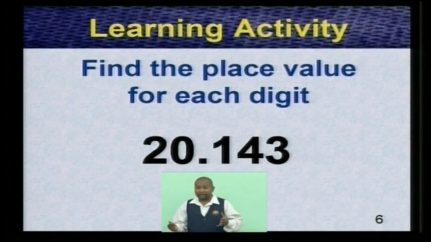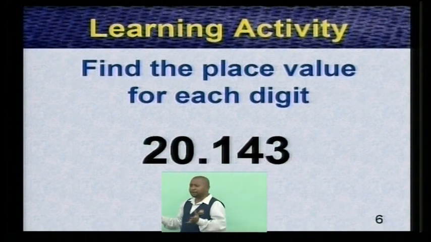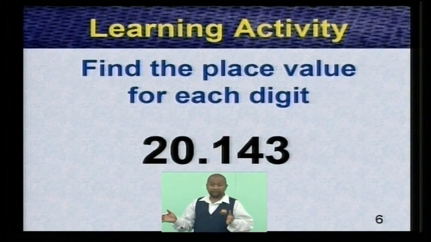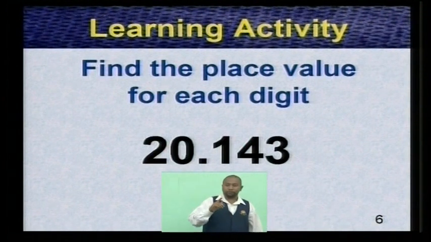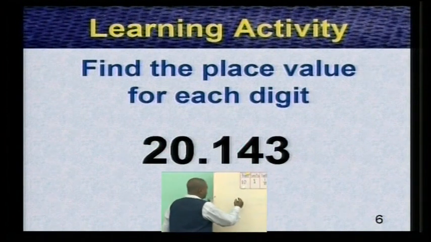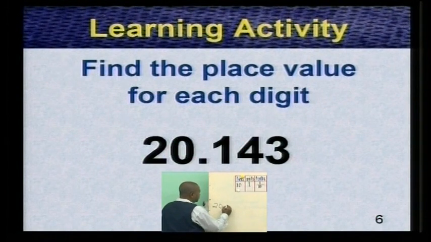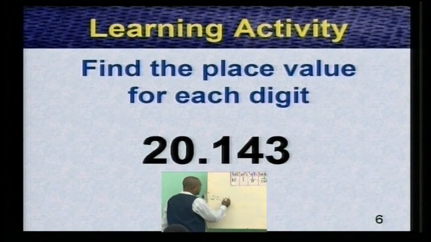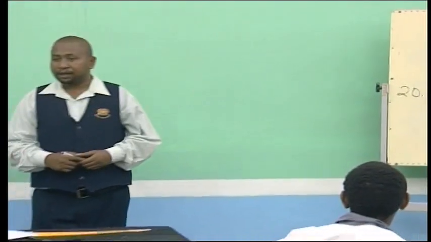That's the reason why we will use the place value chart to find the values of each of those digits. The example is that number, 20.143. We'll try to identify the value of each of those digits.